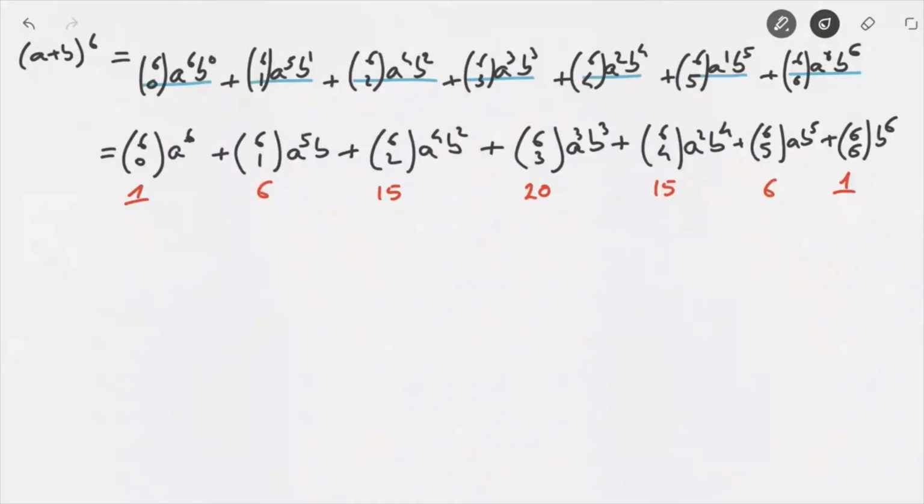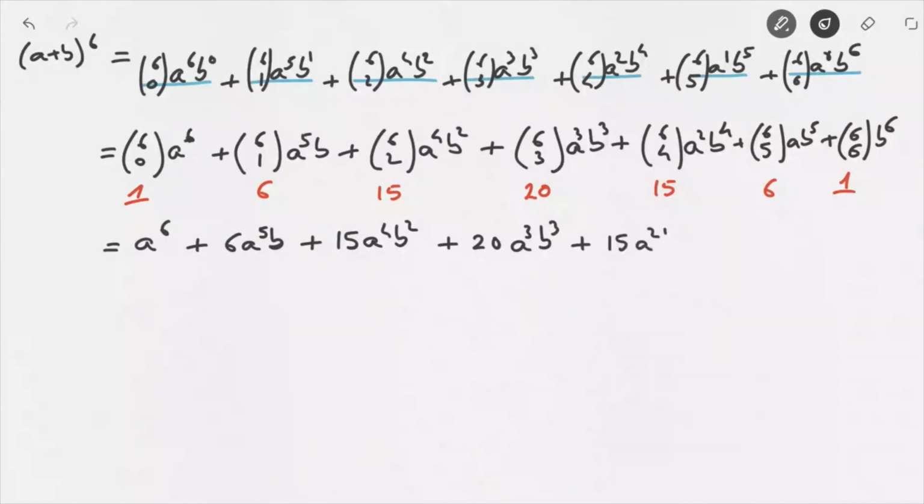A plus b raised to the power of 6 will equal a to the power of 6 plus 6a to the power of 5 times b plus 15a to the power of 4 times b squared plus 20 times a to the power of 3 times b to the power of 3 plus 15a to the power of 2 times b to the power of 4 plus 6a times b to the power of 5 plus b to the power of 6.